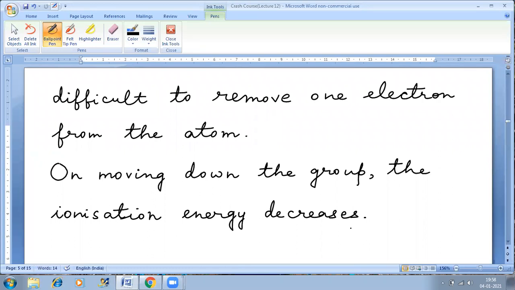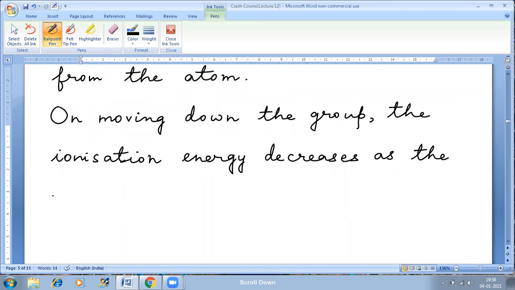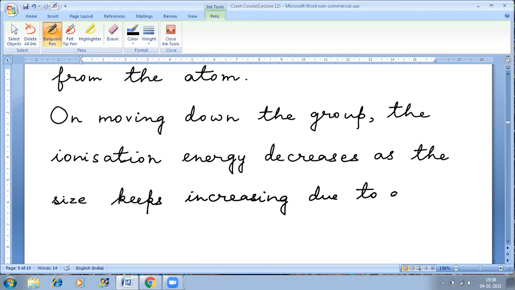Moving down the group, ionization energy decreases as the size keeps increasing, due to an increase in the number of shells.